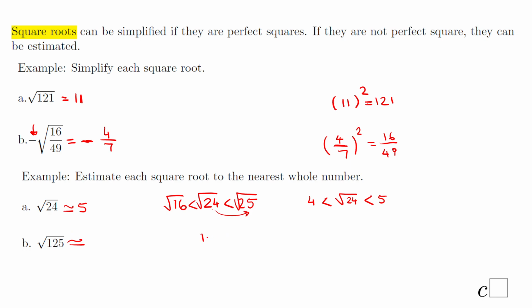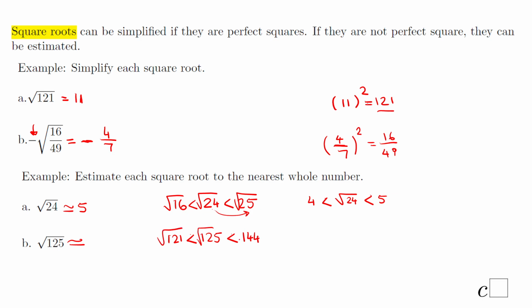Square root of 125. A very close perfect square to 125 is 121, which is less than 125. Another close perfect square, the next one, is 144, which is 12 squared. Again, I'm going to use the same technique.